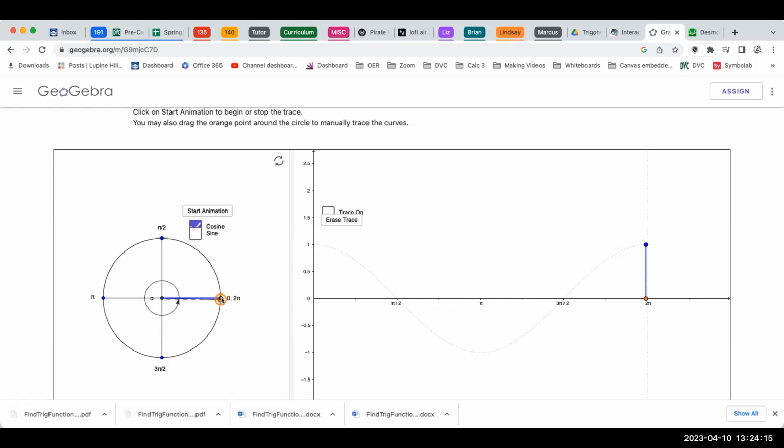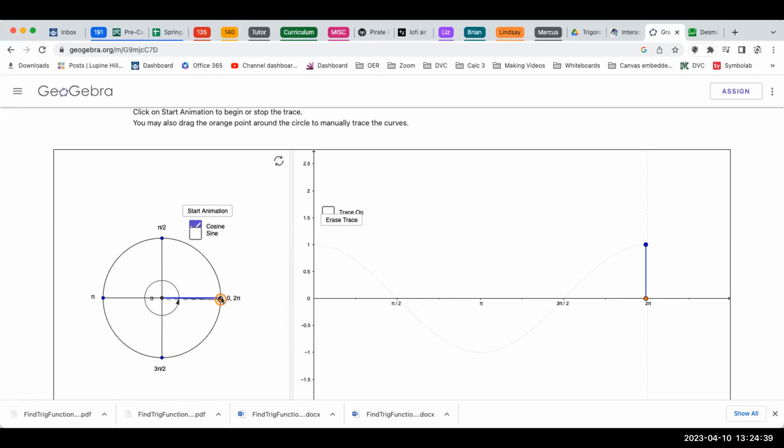Okay, let's see, so graph cosine. You have a unit circle again, similar to what we did over there. Let's do our angle x, and then f of x now is going to be cosine of x.